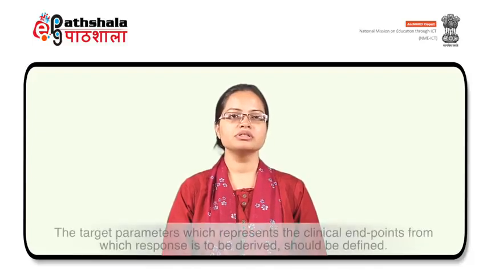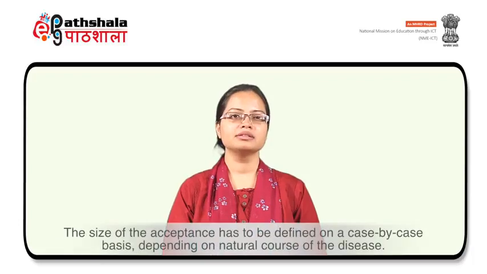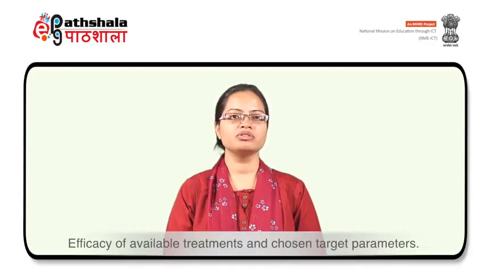Important considerations for clinical studies are: First, the target parameter which represents the clinical endpoints from which response is to be derived should be defined. Second, the size of the acceptance range has to be defined on a case by case basis depending on the natural course of the disease, efficacy of the available treatments and the chosen target parameters.